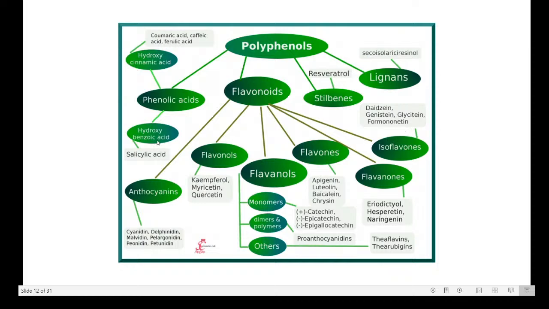Phenolic acid has hydroxybenzoic acid, salicylic acid, and among them, the flavonoids have 6 branches: anthocyanin, flavanols, flavonols, flavones, flavanones, isoflavones. It's a little bit confusing, but it's the wording. It's based on the presence of the OH group, the presence of functional groups in the structure.